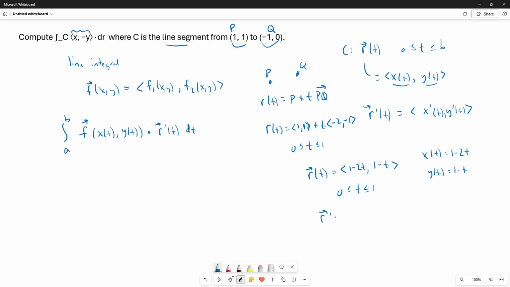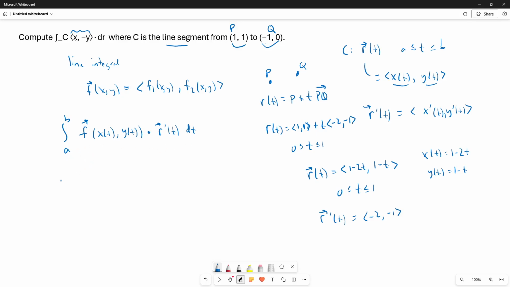And r prime of t: we take the derivative of each component with respect to t, and we get the constant vector ⟨-2, -1⟩. That's r prime of t, the tangent vector to the curve.